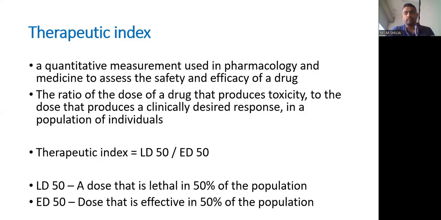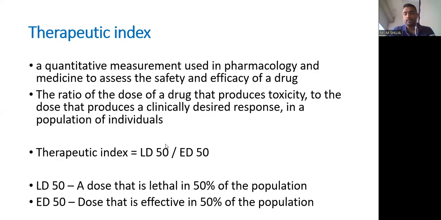Ultimately, whatever pharmacokinetic parameters you study, the purpose of giving a drug is to keep the patient safe with the effective dose, not to give them toxicity. Okay. The therapeutic index is the ratio of the lethal dose LD50 divided by the effective dose. LD50 is the dose that is lethal, that is harmful, in 50% of the population. Effective dose is the dose that is effective in 50% of the population.